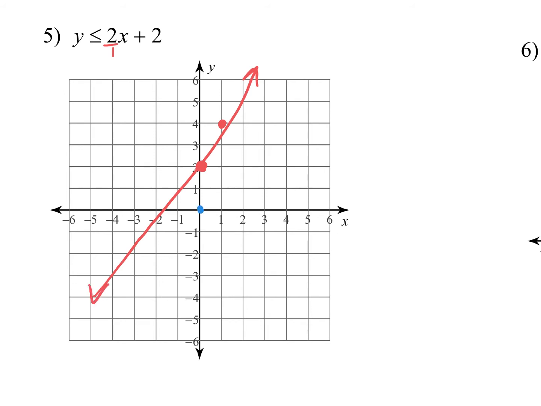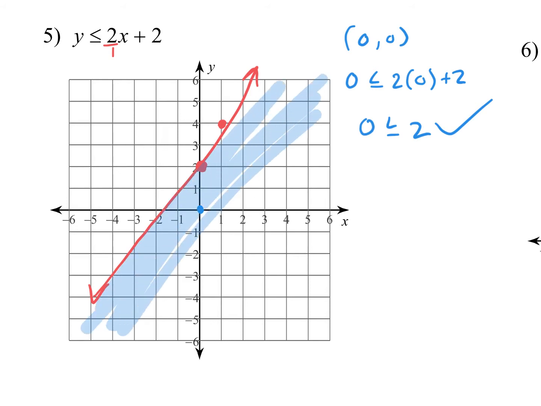And then I'm going to pick 0, 0 to test. So I plug in 0 for x and 0 for y. So 0 is less than or equal to 2. Is this true? So where am I going to shade? To the right. I shade where that point 0, 0 is. So over here. Any questions?